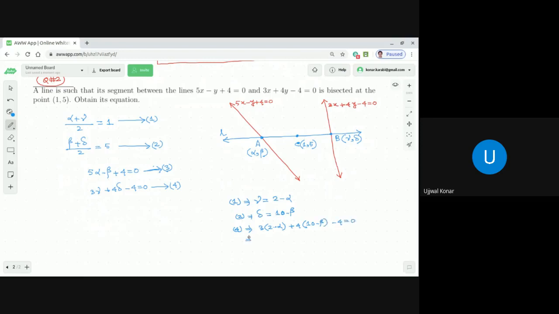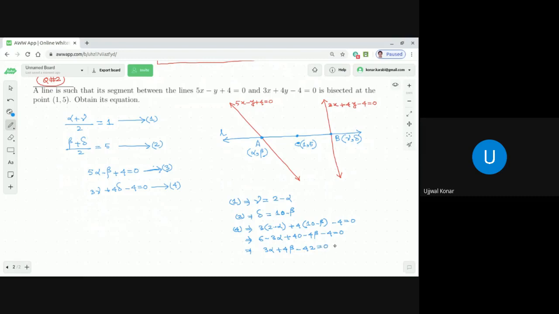From here you will get 6 minus 3 alpha plus 40 minus 4 beta minus 4 equal to 0. That implies 3 alpha plus 4 beta, and 46 minus 4 is 42, so minus 42 equal to 0.